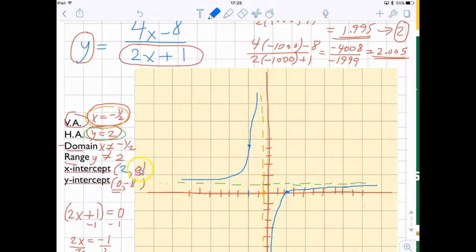The x-intercept, you put 0 in for the y, and then you figure out what value of x makes that true. It's a little bit more difficult, a little bit more algebra. But once you have 0 here on the left, you know that only the top has to be 0, the bottom doesn't matter. So you just set 4x minus 8 equals 0. That will give you the x-intercept.